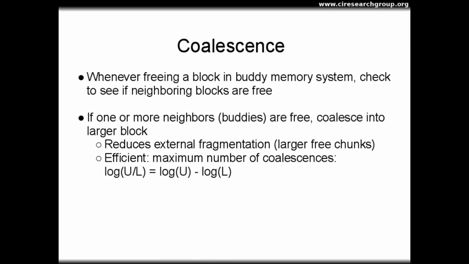If the neighboring 1024-byte block is free, the two 1024-byte blocks will be coalesced into a 2048-byte block. Then, if a buddy 2048-byte block is free, the third coalescence will produce a 4096-byte superblock.